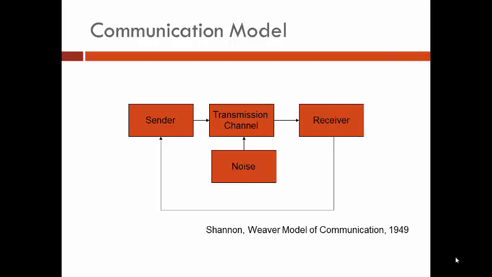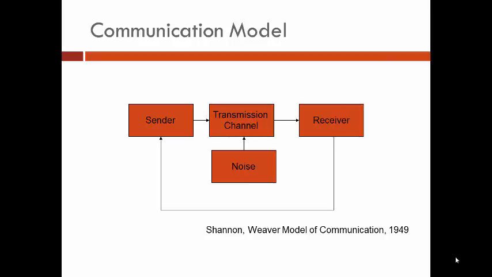And that message is then sent through a transmission channel to the receiver. Now that message can be hindered in some way by noise. And you'll also see that the receiver gives feedback to the sender, which helps the sender know whether or not the receiver received and decoded the message as the sender intended.